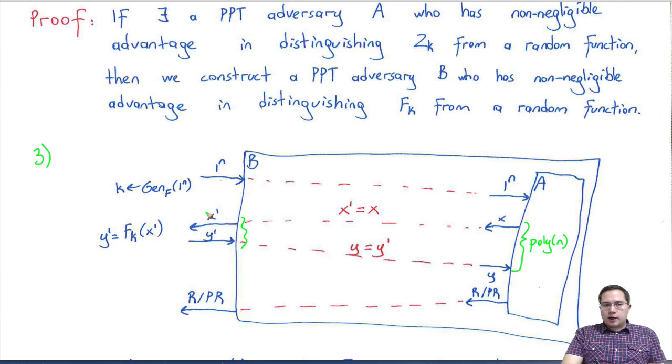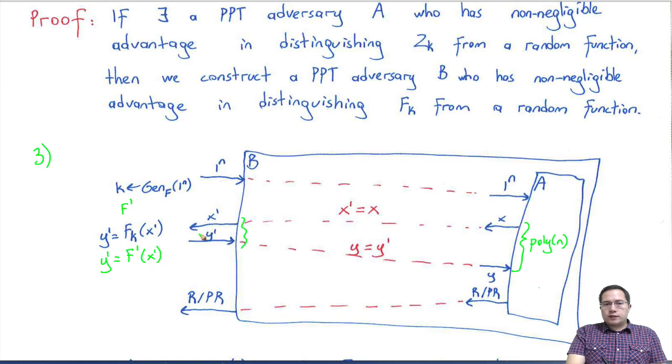It will give x prime, and it will get y prime such that y prime is either F_k of x prime for a randomly generated key k, or a function F prime will be randomly picked out of all possible such functions with the same domain and range as F_k, and y prime will be computed as F prime of this x prime.